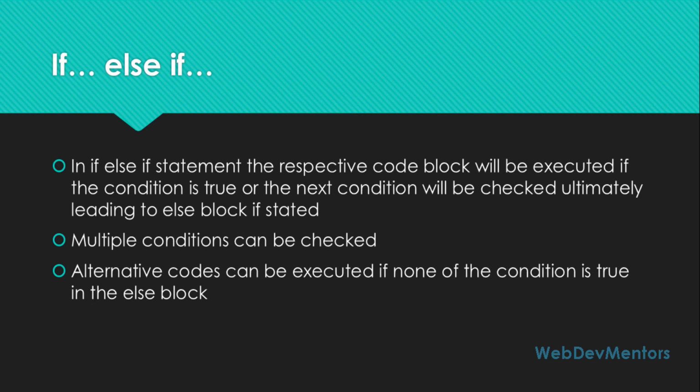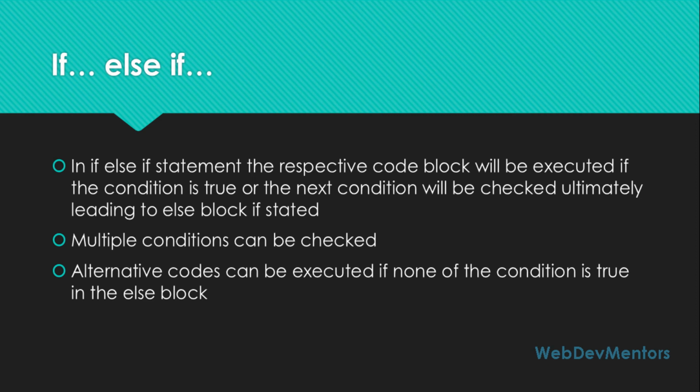The main advantage of if else if is that it lets you check for another condition in the else if block. You have a condition that is checked in the if block, then if you want another condition to be checked, you can specify that in the else if block. So you can have one if block and then multiple else if blocks. If you have 10 conditions to be checked in a program, then you can use if else if blocks.